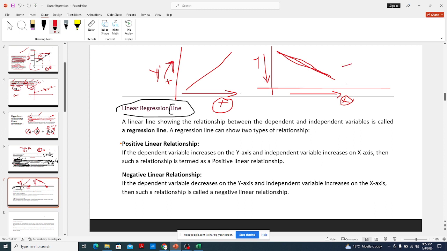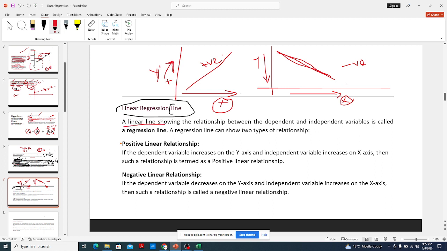For this case, we say it's a negative linear regression line. And for this one, as x increases, so does y, so this becomes a positive regression line.